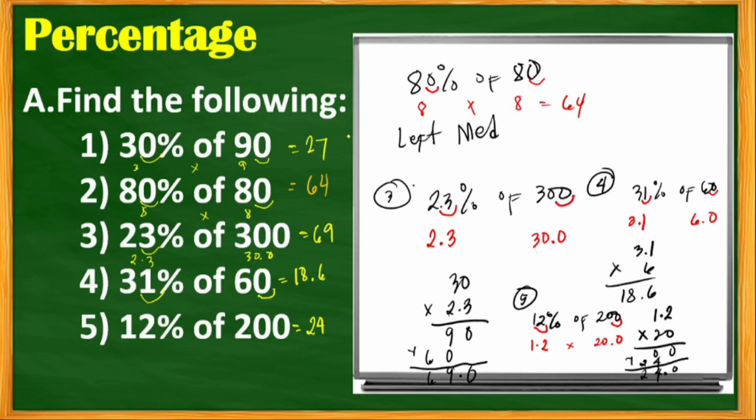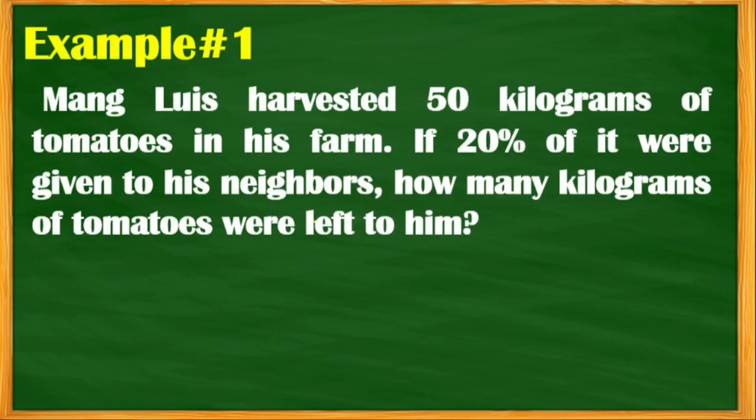So that's very easy. That's the method approach, or you may view the other video, easy tips number 1, finding the percentage. For example number 1, this would be a problem. Mang Luis harvested 50 kilograms of tomatoes in his farm. If 20% of it were given to his neighbor, how many kilograms of tomatoes were left to him?